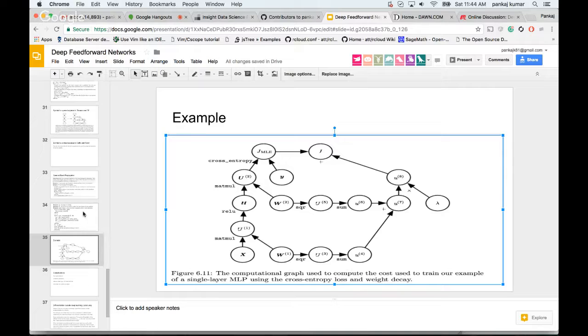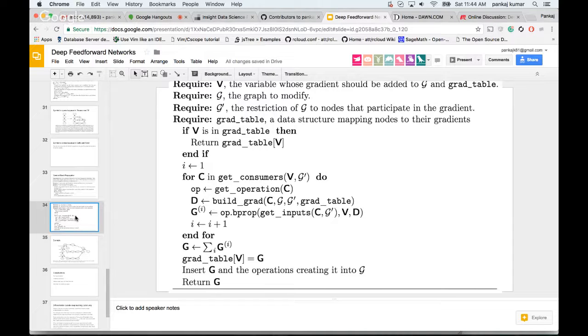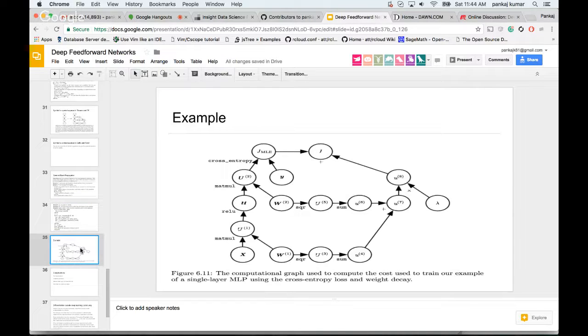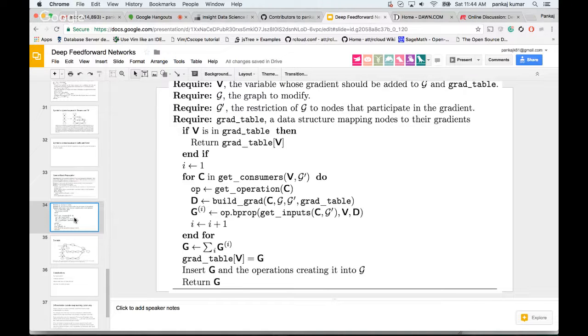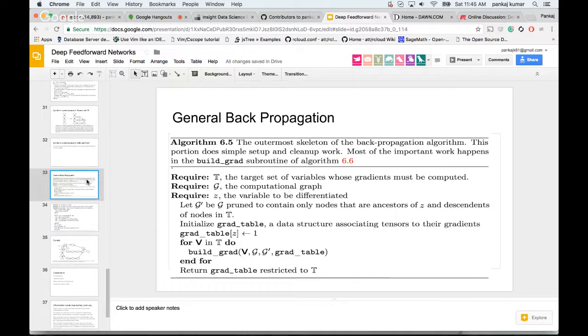So it will have two G_i's: the get consumers call will return two nodes for W2, and it will get two gradients and add them to get the gradient for that particular W2. This is how the general backpropagation for a computational graph works.